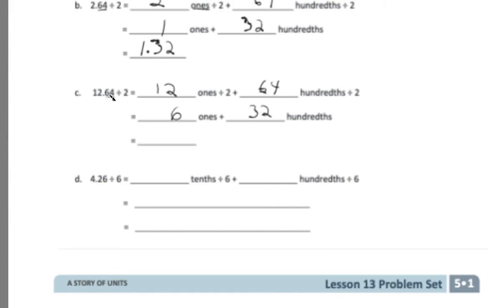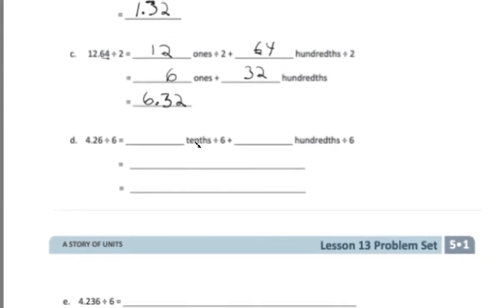So 12.64, or 12 and 64 hundredths, divided by 2 is the same as 6 ones and 32 hundredths. Now we're going to write it in standard form. 6 ones, decimal, 32 hundredths, right?